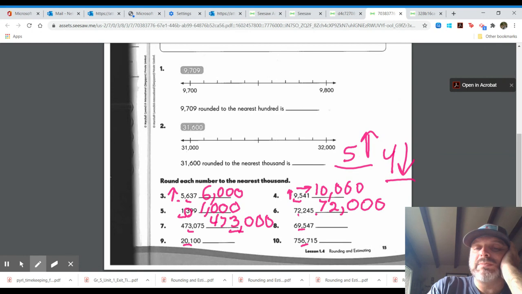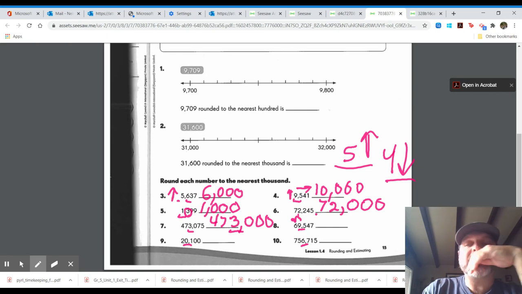And the thing is, if you make that 100, you add the 10, that 1 is going to go onto the 6. So 69,500 will go up to, what's the next 1,000? 69,000 goes up to what 1,000? What's 1,000 more? 70,000. 70,000, right.